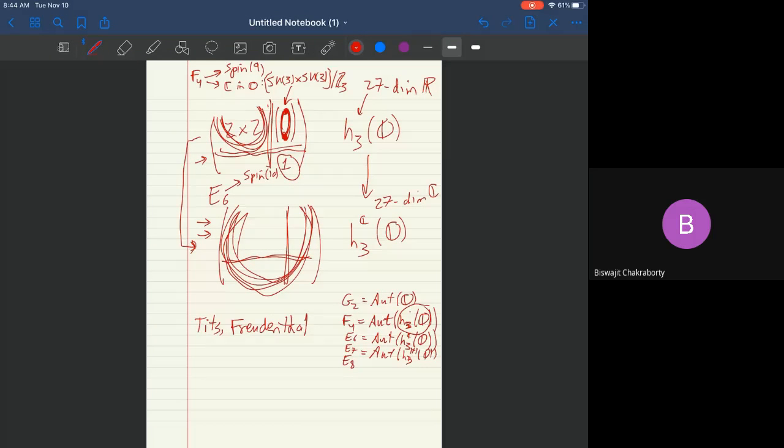Down here, when we do the same thing, we fix the embedding of the complex numbers in the Octonions. We get SU3 times SU3 times SU3 mod Z3. And now when we take the intersection of these two groups, up here, we got exactly the standard model.